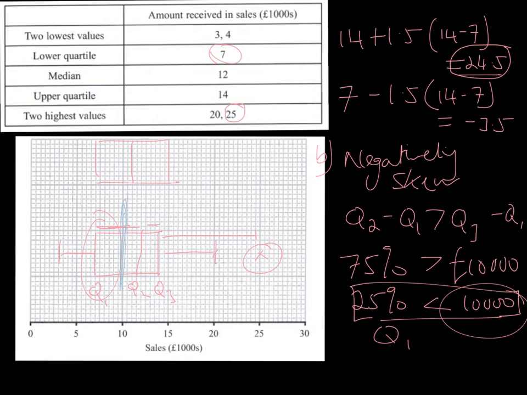So perhaps we could work this out, but about 60%, something like that, would actually be greater than 10,000. But all we need to do for the marks here is to explain that the company is not justified, and the reason is that the lower quartile here is 7,000. So 75% of the months the income is greater than 7,000 and not the £10,000 figure that the company alludes to.